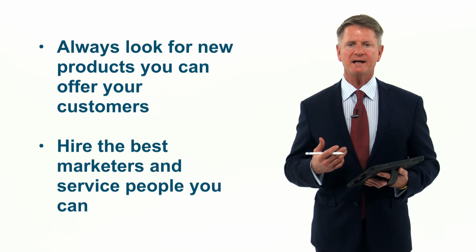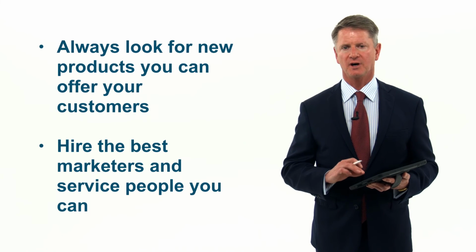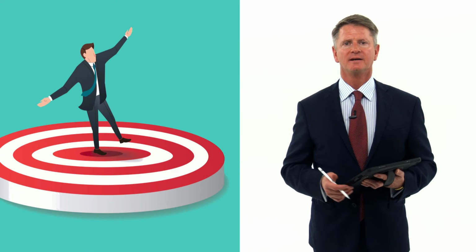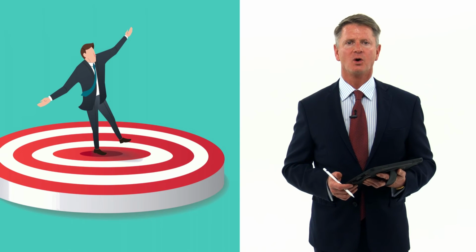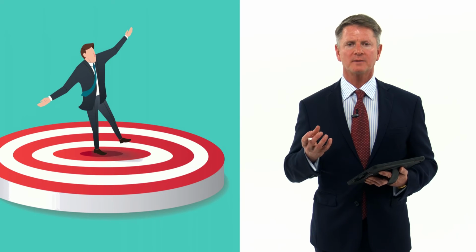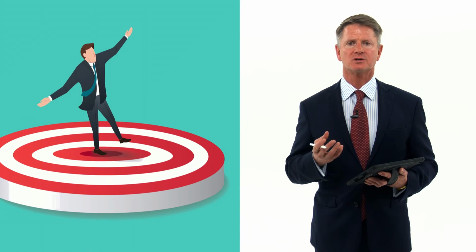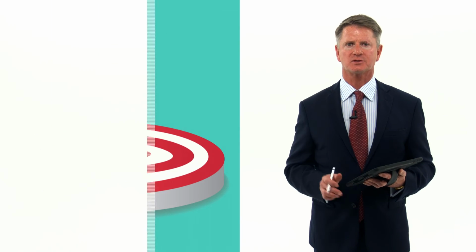When you're recruiting, always hire the best marketers and customer service people you can find. So here's a differentiated competitor standing in the middle of his target market. The whole idea is you want people, organizations, plans that are focused on happy customers and innovative, unique new products.